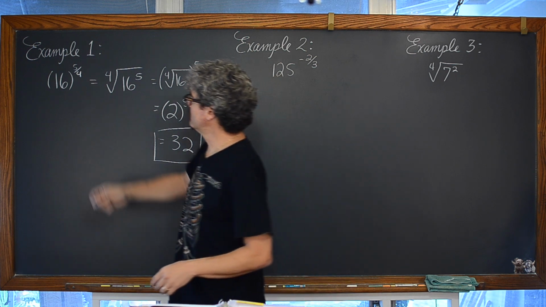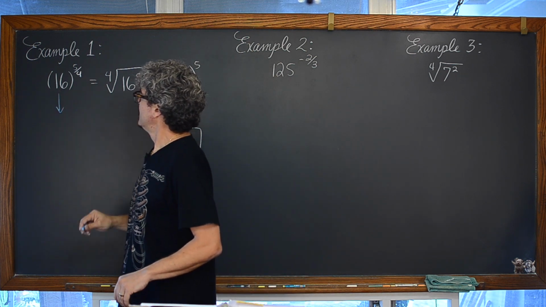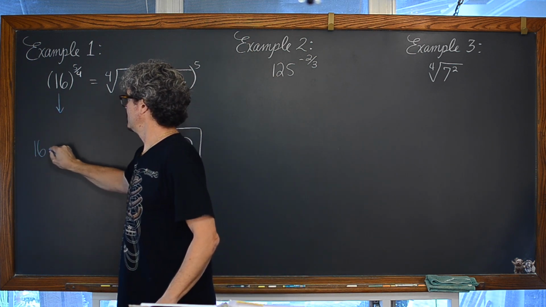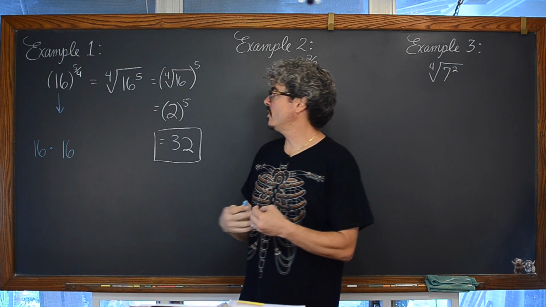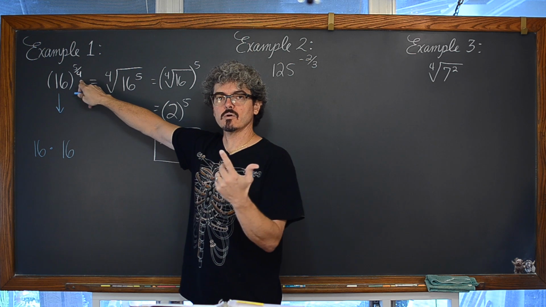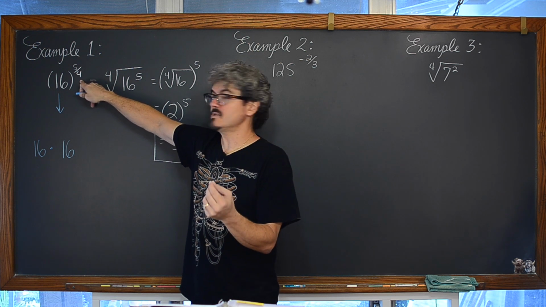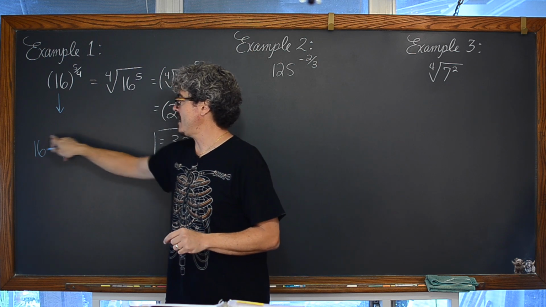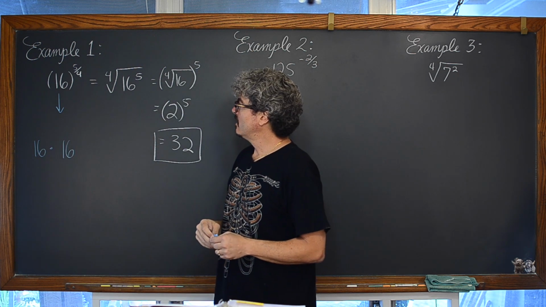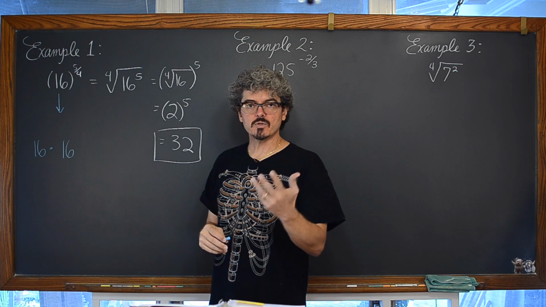Maybe I want to rewrite the 16 as 16 times some other form of 16 and work with coming up with two fractions that add to 5 over 4. Remember, when you multiply like bases, you add the exponents. And you need common denominators when you add fractions.